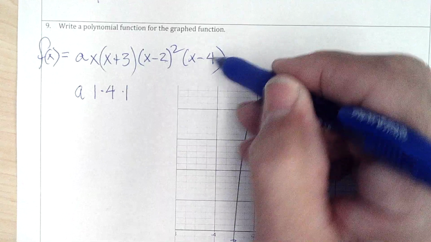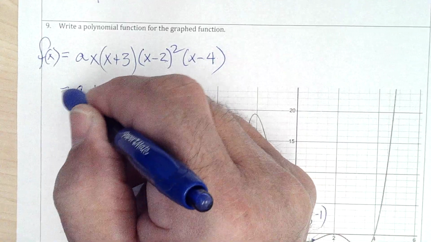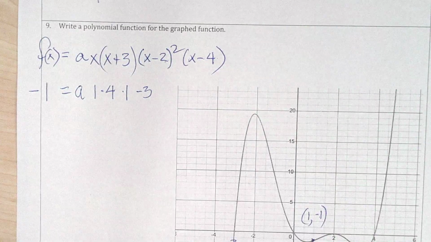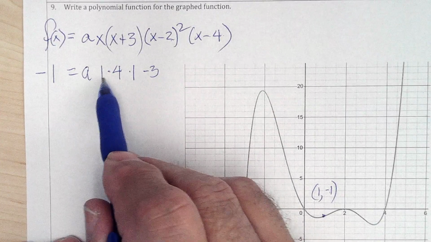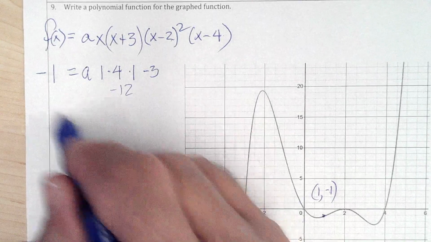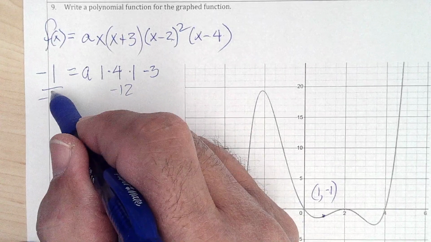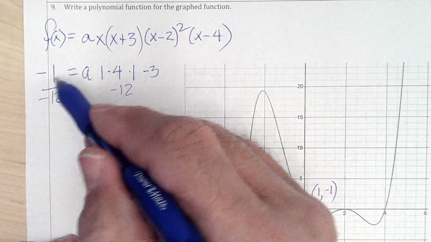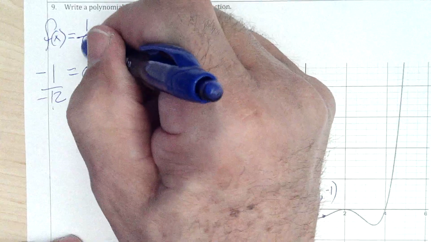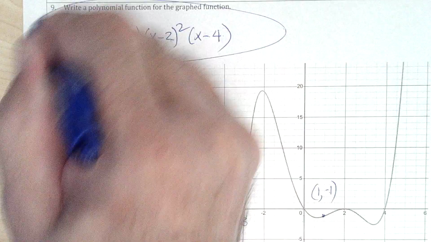And 1 minus 4 is -3. And I'm supposed to get minus 1. So 1 times 4 times 1 times -3 is -12. So if I divide by -12, I get a is positive 1/12. So 1/12 there. And there's my equation.